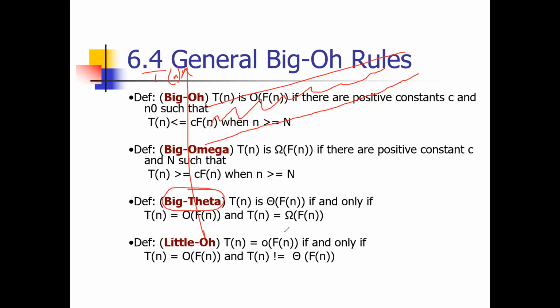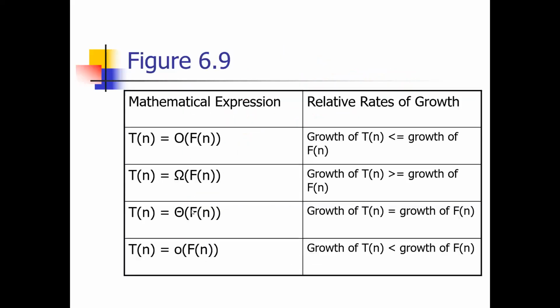And little o is if and only if your running time is not theta. There's another simpler way to put that. Let's see if I have it on the next slide. Look, big O: the running time is less than or equal to the growth of this function. Big omega: the growth of the running time is greater than or equal to that same function.